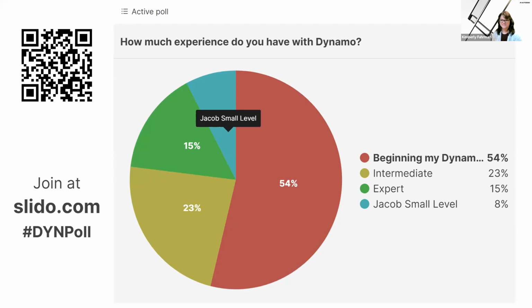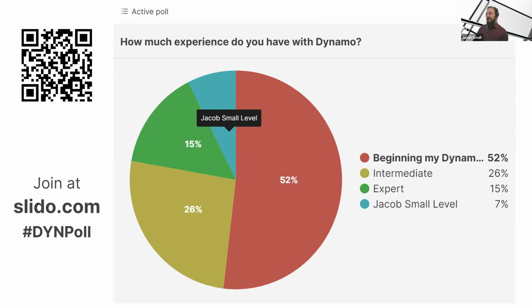That's pretty cool stuff. I'm with you, Jacob, on the Jacob Small level. I marked myself down as beginning my Dynamo journey because I had to open Dynamo for Robot yesterday, and that was a little confusing.